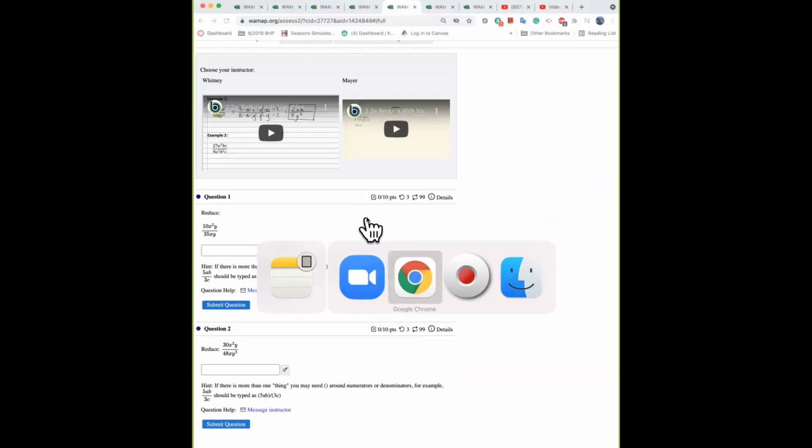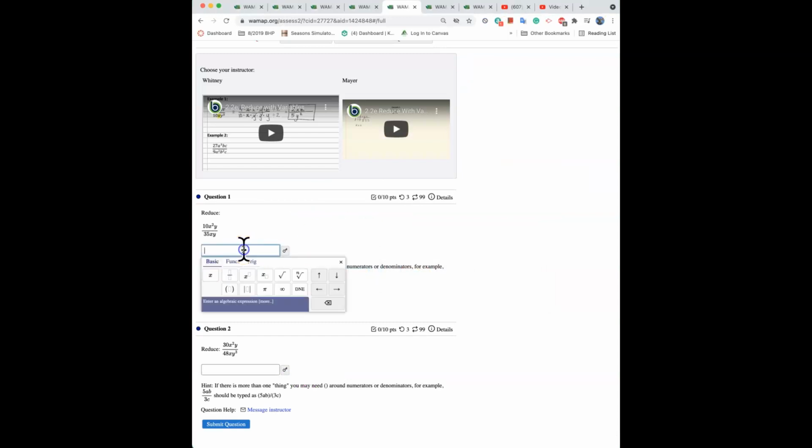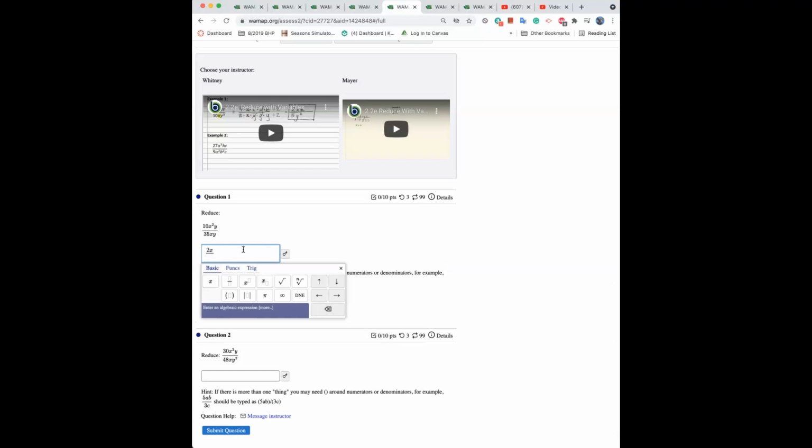So let's go back to WAMAP and see how that looks. 2x over 7. So is this how our fraction looked? Just make sure it shows up here the way you intend, because if you type this slightly differently, I don't know if I can even get in there now. Like if you had a space in there, it won't let me.